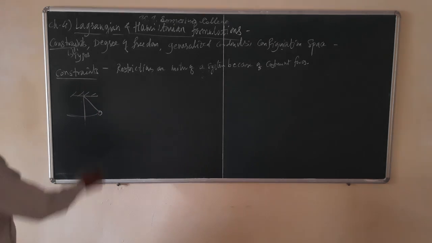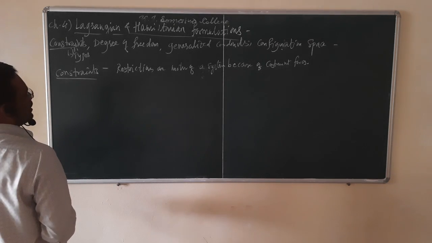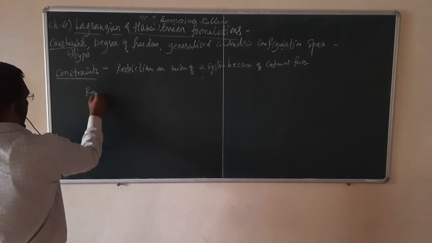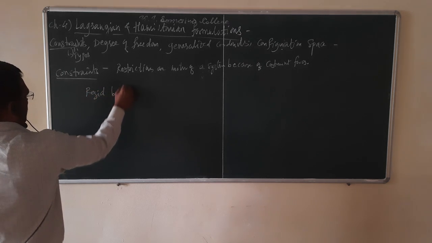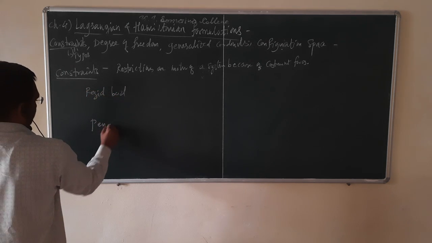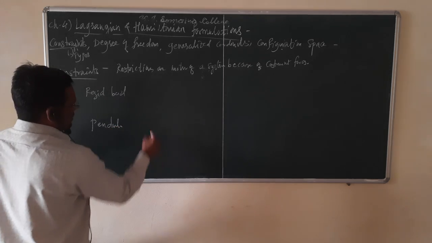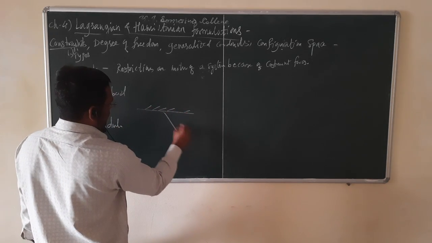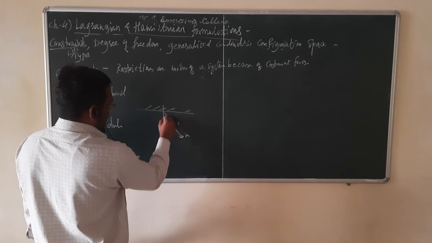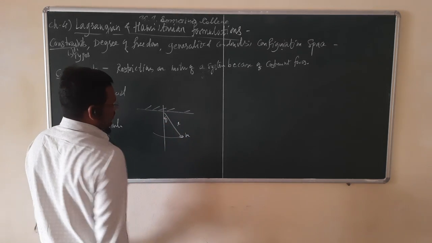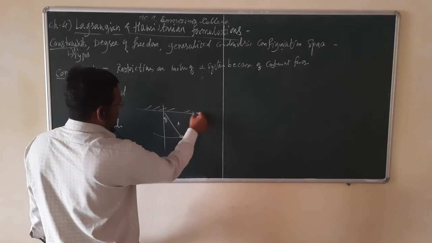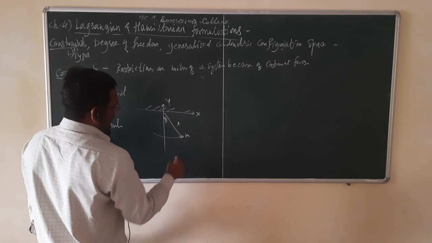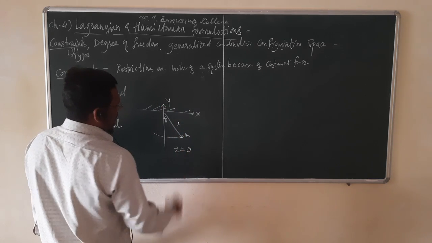Again, if you take a rigid body, but first for the pendulum, what are the constraint equations? Suppose mass m, this is L, this angle is theta and the bob is moving like this, suppose this is the x coordinate, this is the y coordinate, then z is equal to 0.